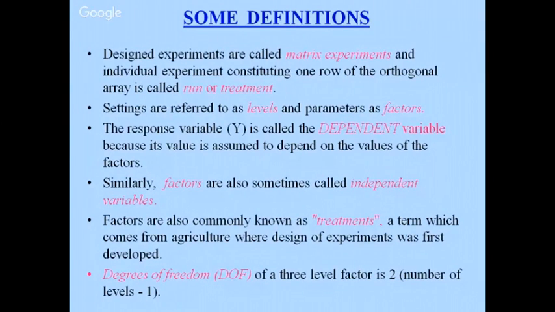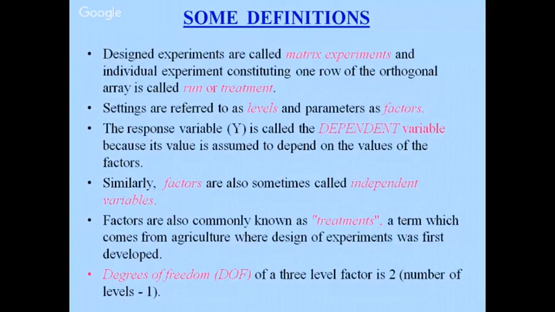Response variable is a dependent variable, that of course we all know. The input variables are independent variables, so factors are also called independent variables. Factors are also commonly known as treatments, a term which comes from agriculture, where design of experiments was first developed, like I told you.